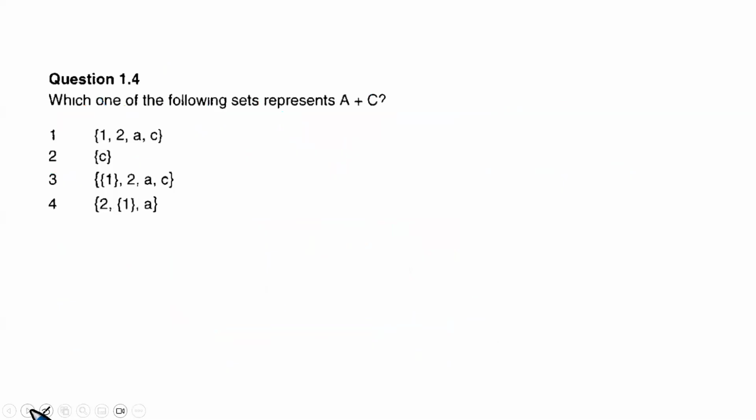Right, so now we're going to look at the sum of the two sets, A and C. So if we take note and remember that the set A itself contains 1 as a singleton, but also it contains the following.